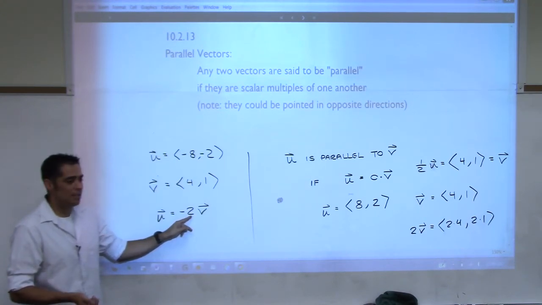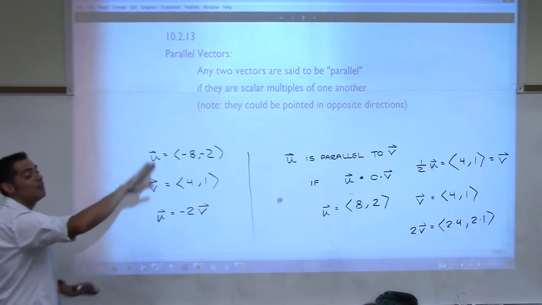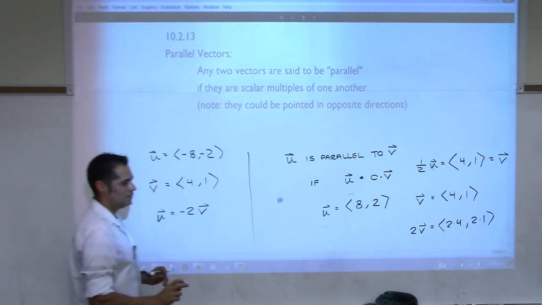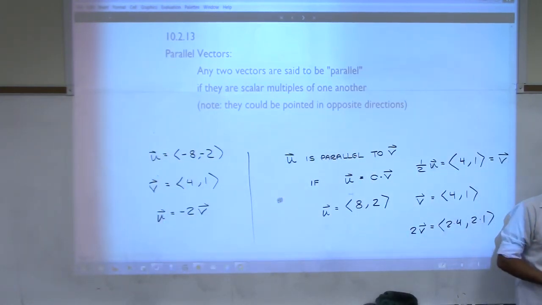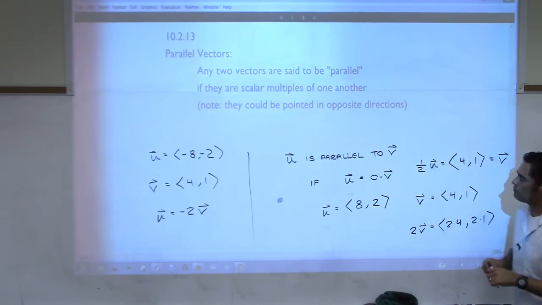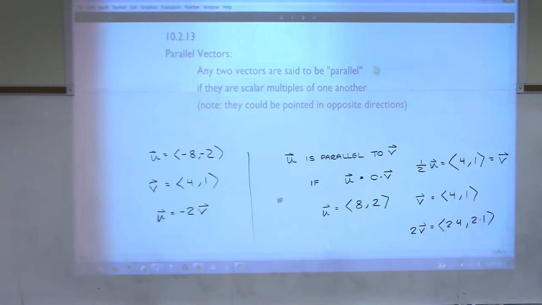So when you graph these two, they lie on the same line, but they don't point in the same direction, but they're still parallel. Okay? So it's kind of weird that with vectors, the direction can be opposite and they're still parallel. Questions?